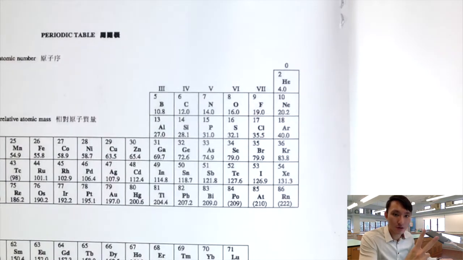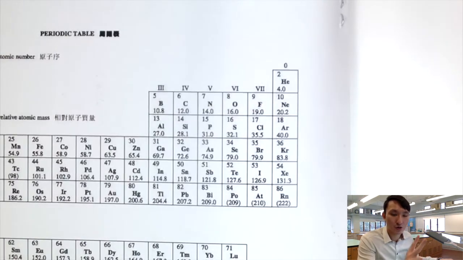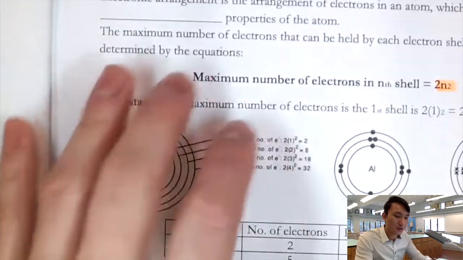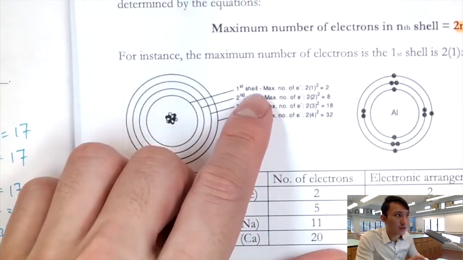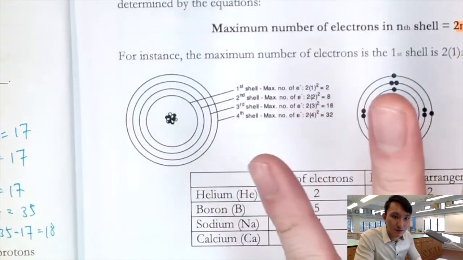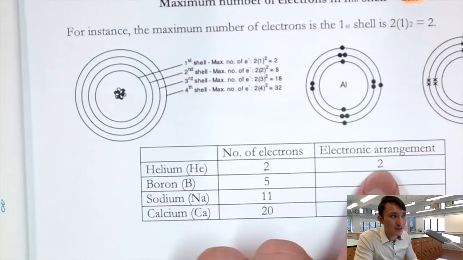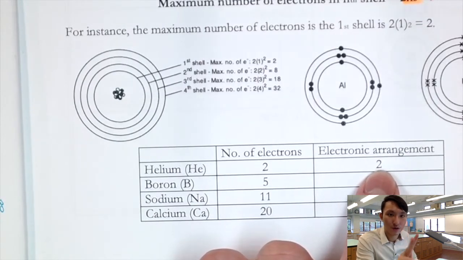When it has 2 protons, it also has 2 electrons. So we have 2 electrons to arrange onto the shells. With 2 electrons, we can simply put them all into the first shell, and then it's done. So that's why the electronic arrangement, basically the arrangement of electrons, would be 2.